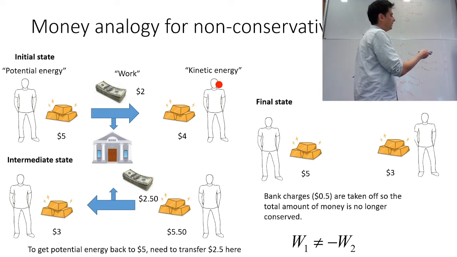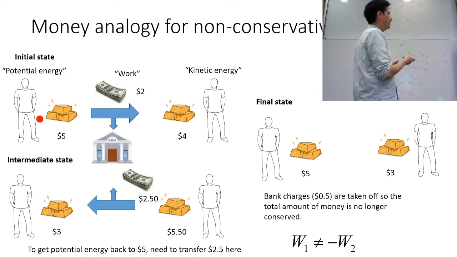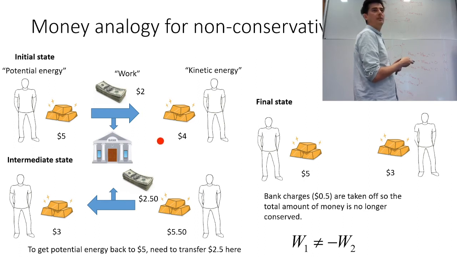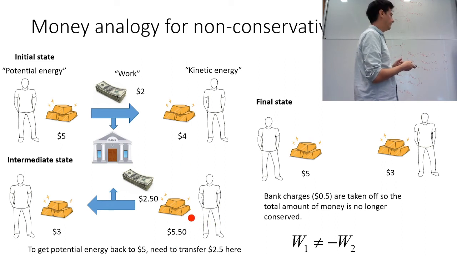So say this is potential energy, and it starts with $4, okay? And Mr. Kinetic Energy is going to give the potential energy $2, but then 50 cents is lost in bank fees. So the potential energy is now going to go only up to $5.50, right?